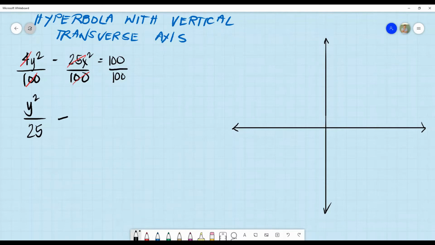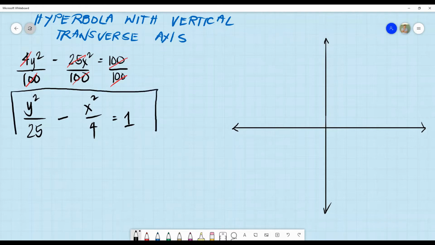So we will have x squared over 4 is equal to 100 divided by 100. That becomes 1. So this is now the standard form of our hyperbola with vertical transverse axis. Always notice that it is a vertical transverse axis because the variable of our leading term is y squared.